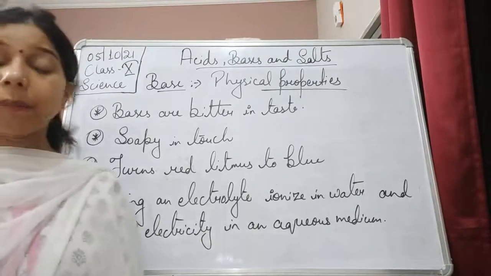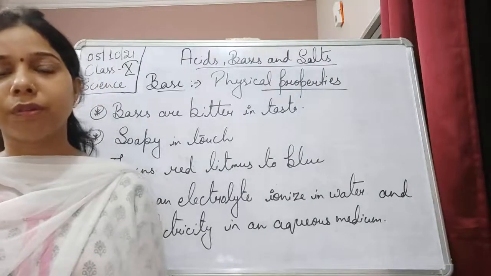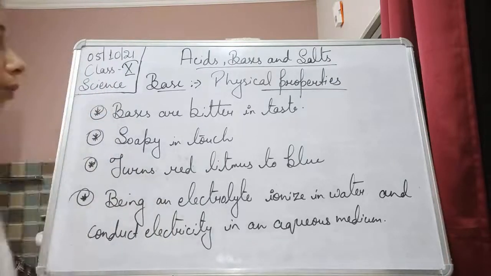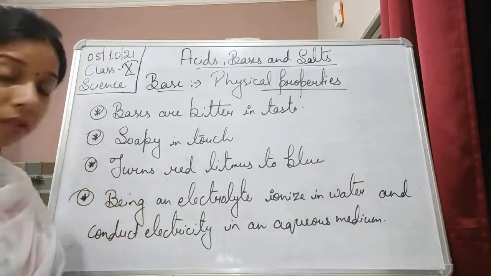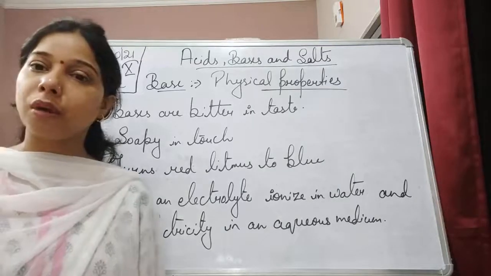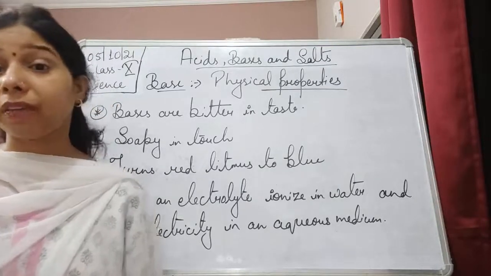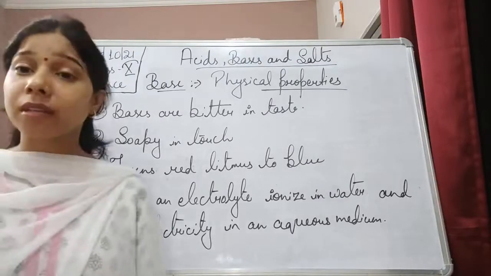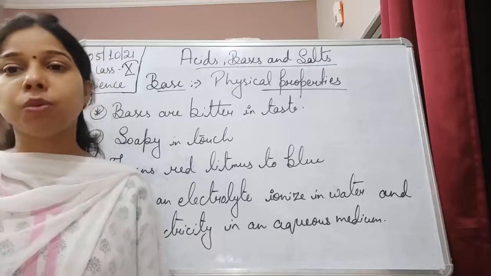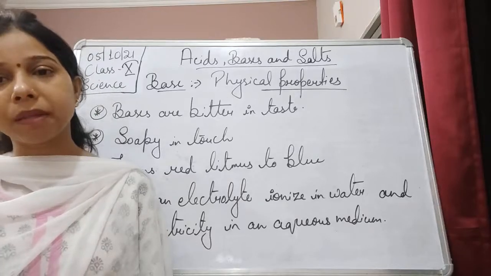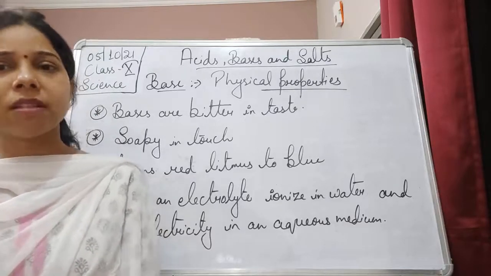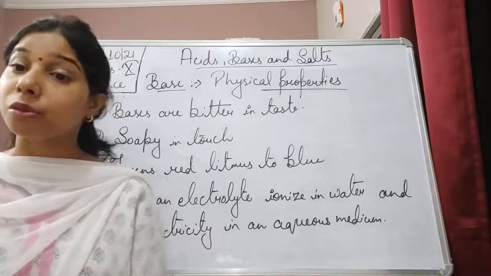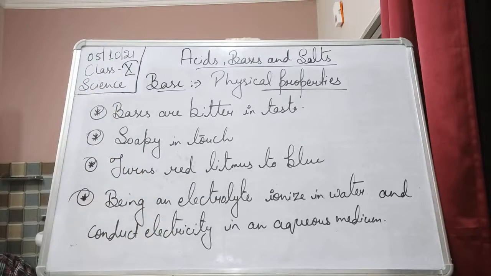Now, what about acids? Acids are generally corrosive in nature. What about the bases, students? So strong bases are what? They are corrosive in nature. Like if we take sodium hydroxide on our skin, our skin can burn with that. So we cannot handle strong bases with bare hands, because they are also corrosive.